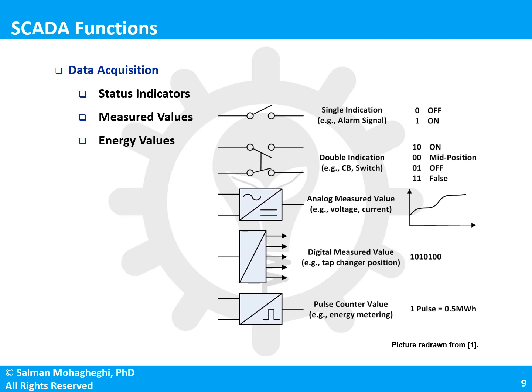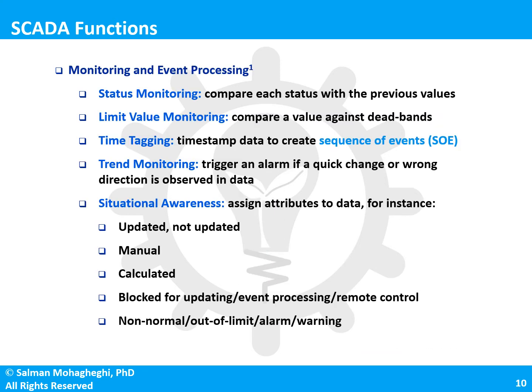Imagine in this example, if one pulse is representative of half a megawatt hour of energy, then instead of receiving the actual value in megawatt hours, you receive a number of pulses, and then you translate this number of pulses into the actual energy value. Regardless of how you do this, the SCADA system allows us to capture data from all the different sensors we have distributed in the field. It allows us to monitor different variables of interest.